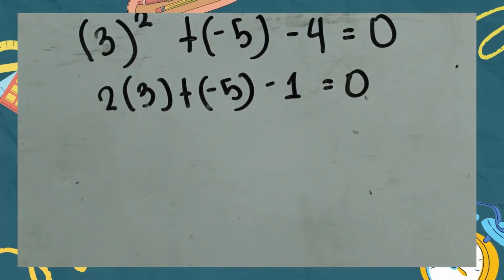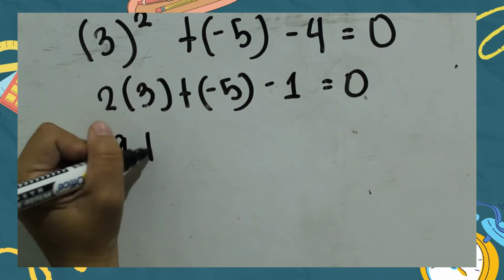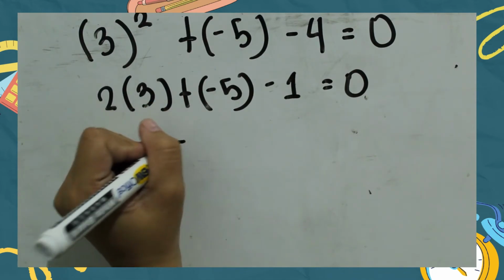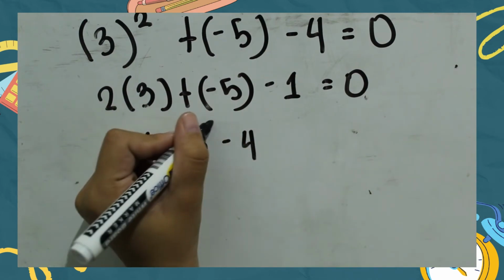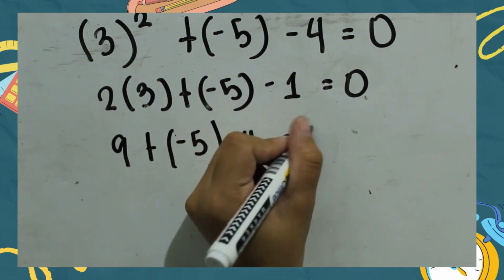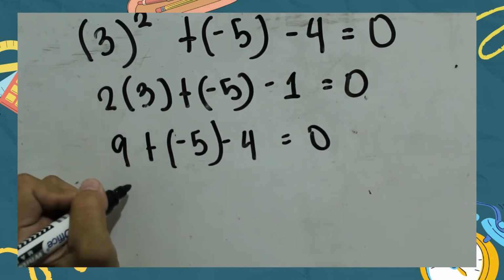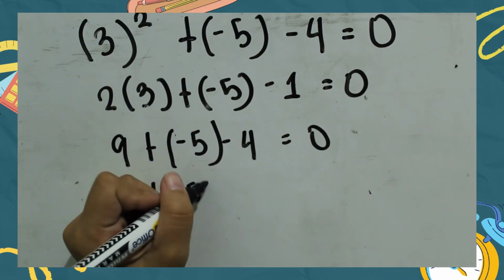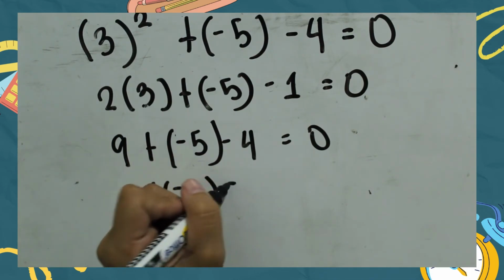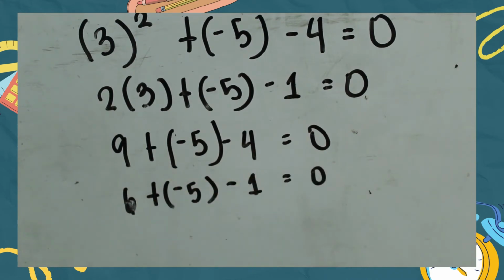So we will simplify the equations. So 3 squared will be 9 plus negative 5 minus 4 is equal to 0. And 2 times 3 is equal to 6 plus negative 5 minus 1 is equal to 0.